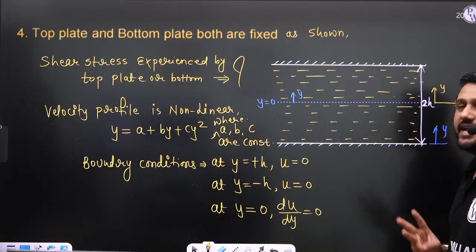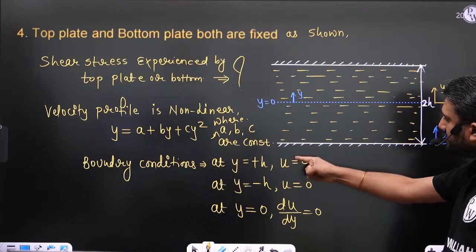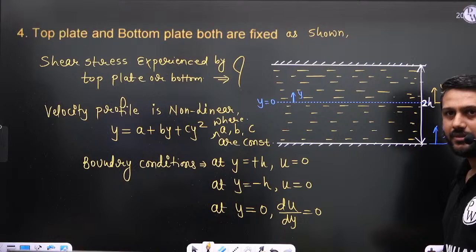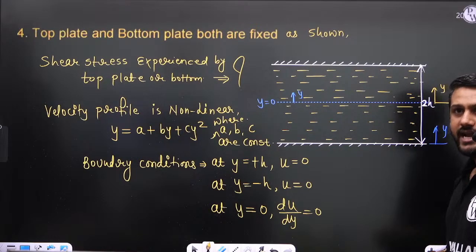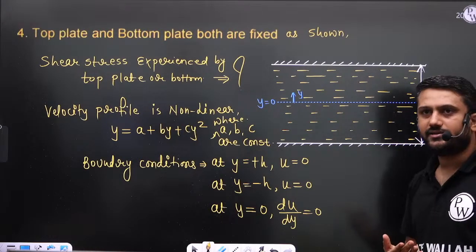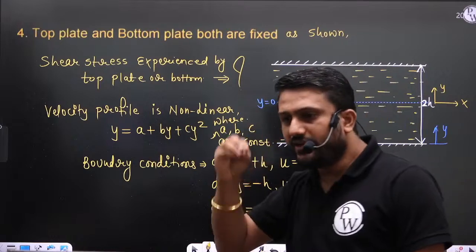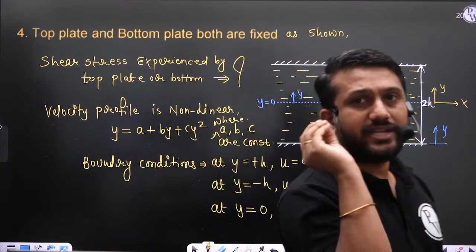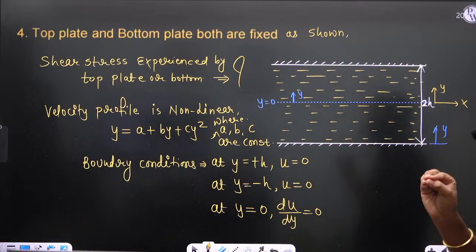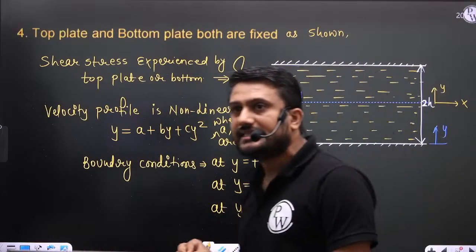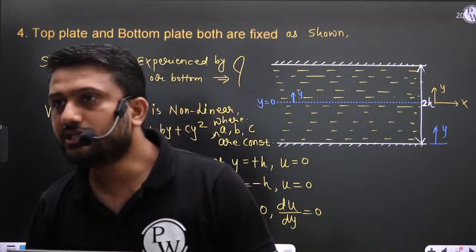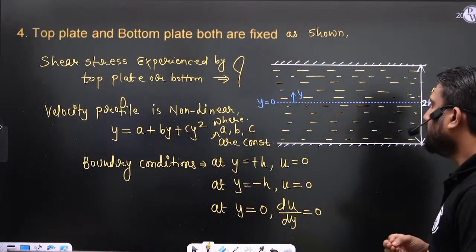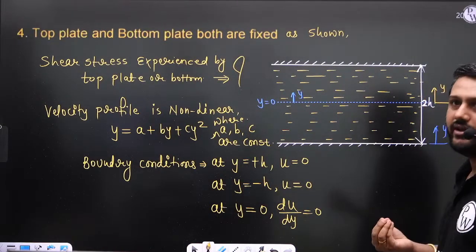Three boundary conditions are required. So two boundary conditions come from the no slip condition. Now what is the third boundary condition? If you want to take advantage of symmetry, that is your question, Ajit: what is the advantage that we can get from the symmetry?